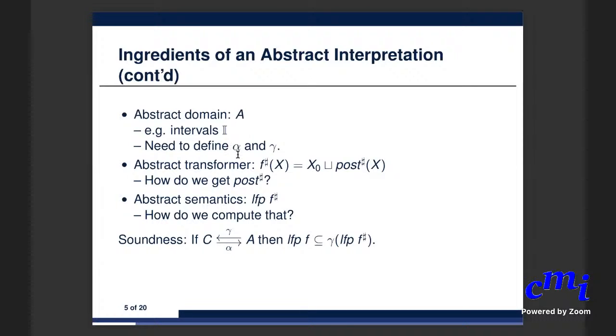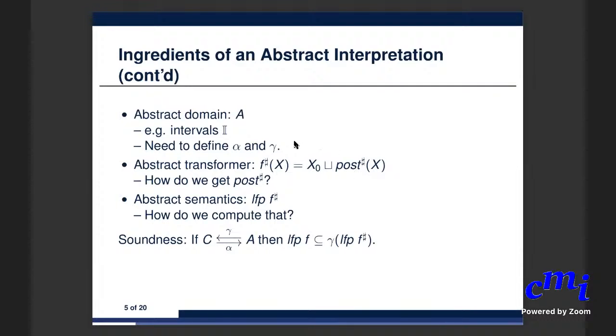We need to define an abstraction function alpha and gamma, such that alpha and gamma are a Galois pair. And then we need to define an abstract transformer for this collecting function, which itself requires that you abstract the post operator.